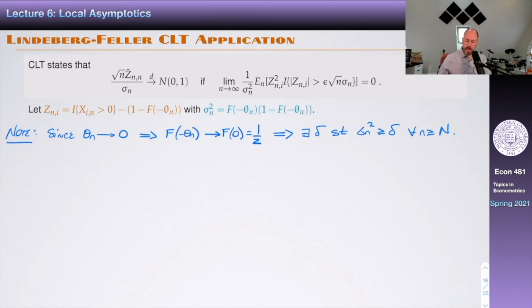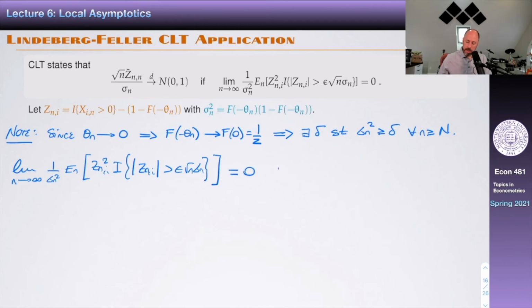So that's what we have. And so then, you realize here that the limit as n goes to infinity of our term here, that is 1 over sigma n squared times the expected value of Z_in squared times this indicator, is 0 because sigma n squared is bounded from below for n large.